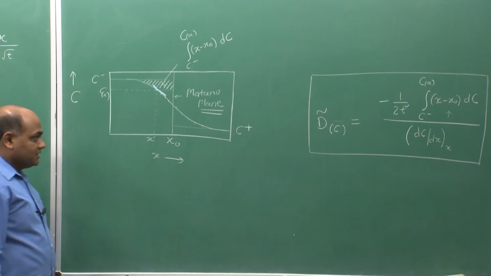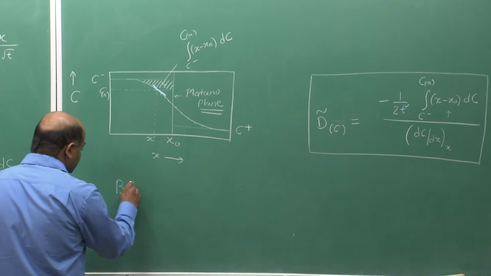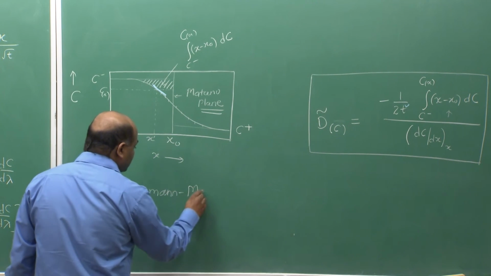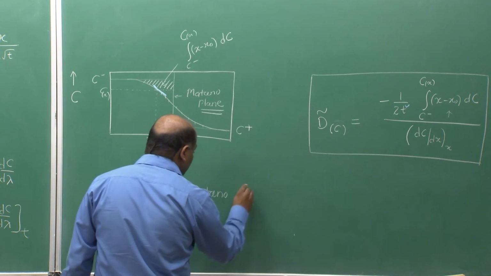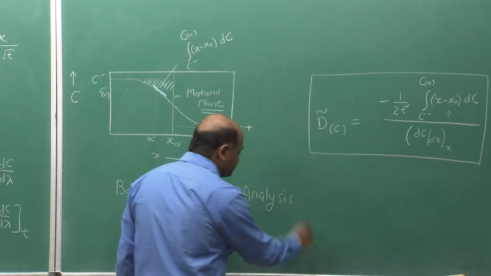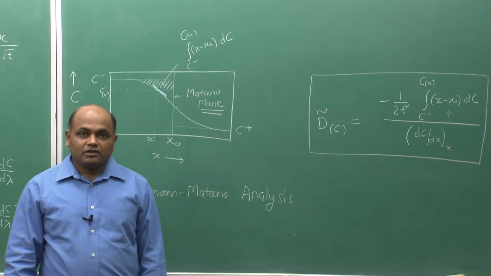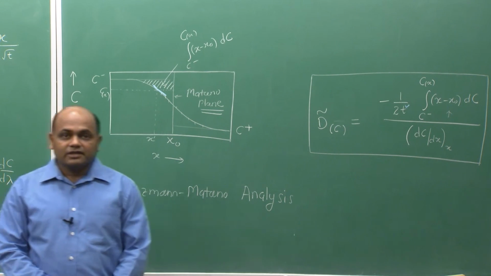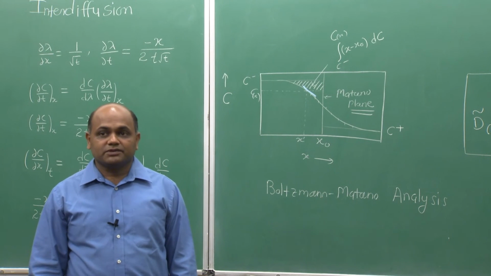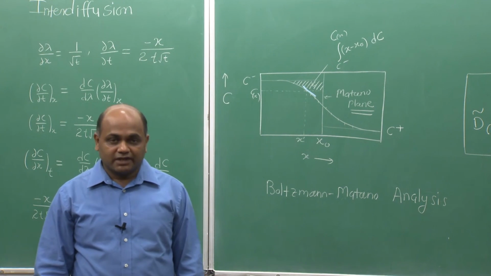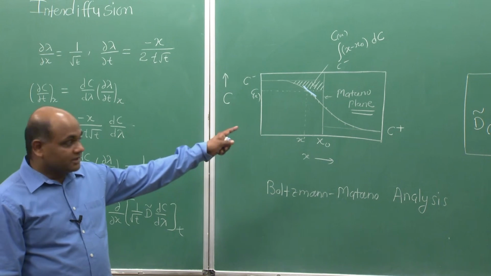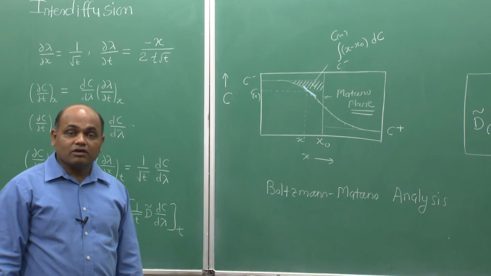And this technique is commonly known as Boltzmann-Matano analysis. So, this is how we can get binary interdiffusion coefficient from a single diffusion couple experiment. We can determine interdiffusion coefficient at every single composition that is developed within the diffusion zone of that couple.